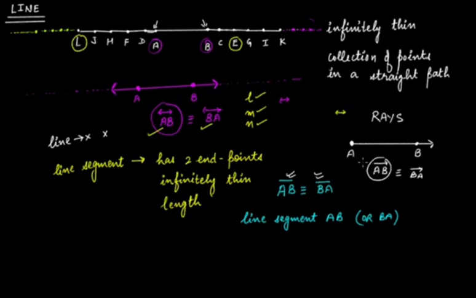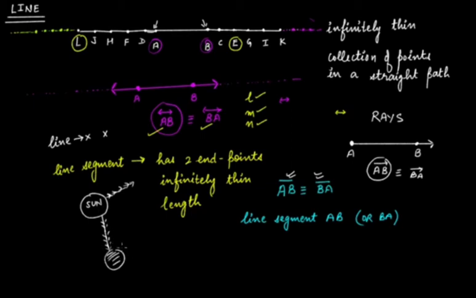And if you want to think of a ray, suppose this is the sun, and when sunlight comes out of it, and here we have our earth, it's coming in the form of a ray. Why a ray?